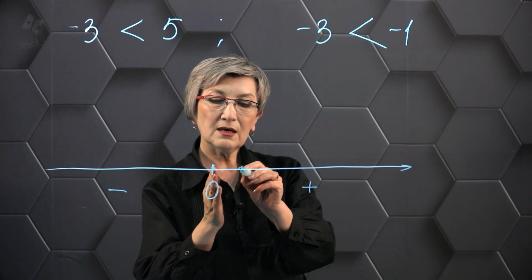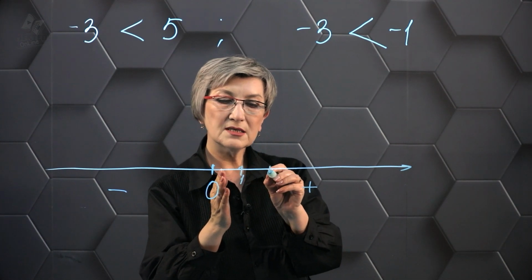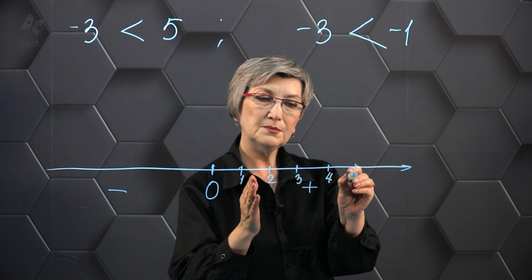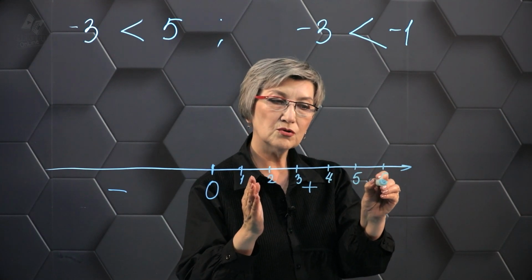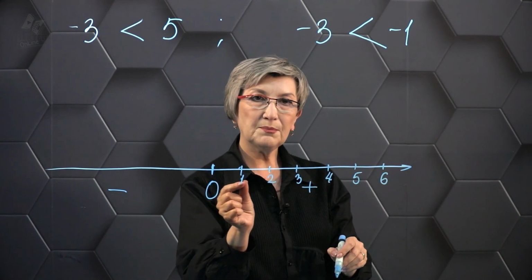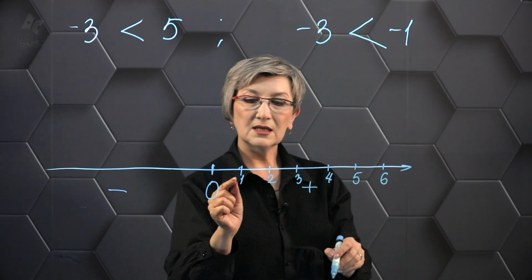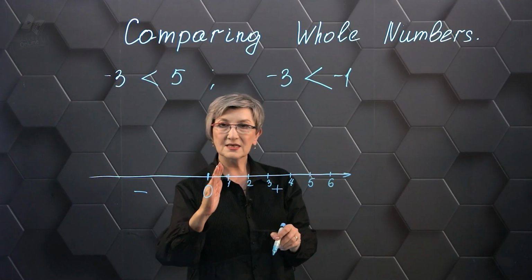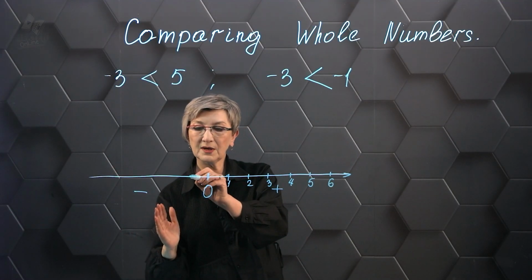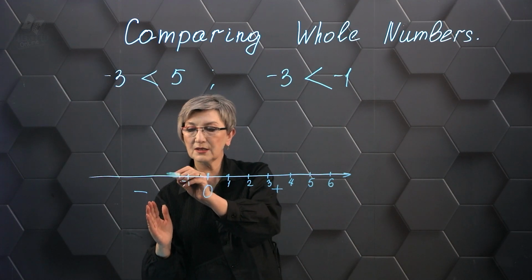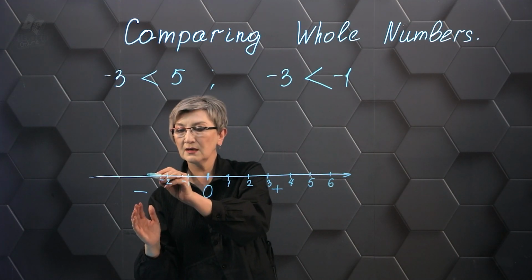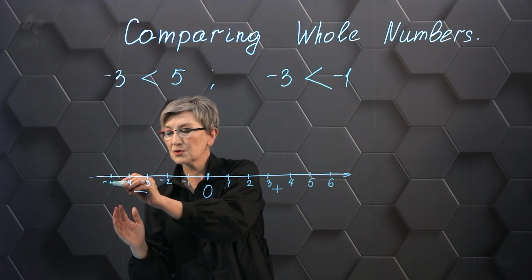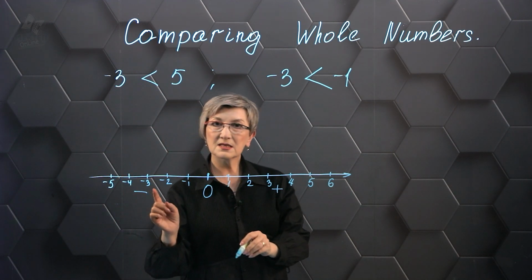To the right of 0, I write the numbers 1, 2, 3, 4, 5, and then there's the number 6. These are positive numbers, even if we don't put a plus sign in front of them. To the left of 0, I can show negative numbers: -1, -2, -3, -4, -5. Those are negative numbers.